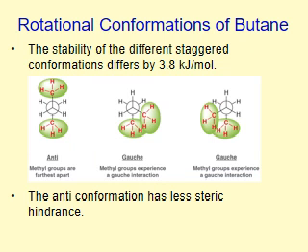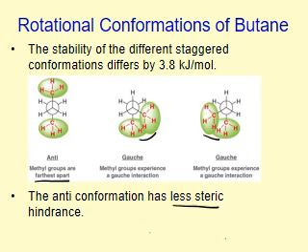We can see the relative differences in these interactions because you can hopefully see from this slide there are some sterics. The anti-conformation has less steric hindrance because you've put those methyl groups opposite; they're farthest apart from each other. But when you start having the gauche interactions, you can hopefully see that there is some sterics there.